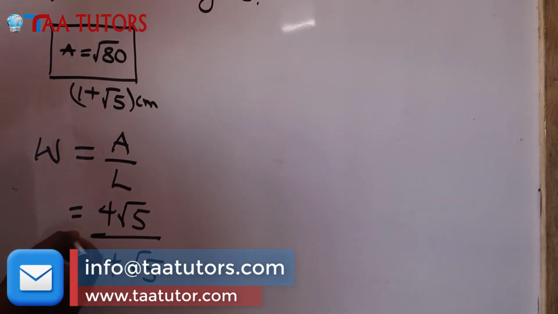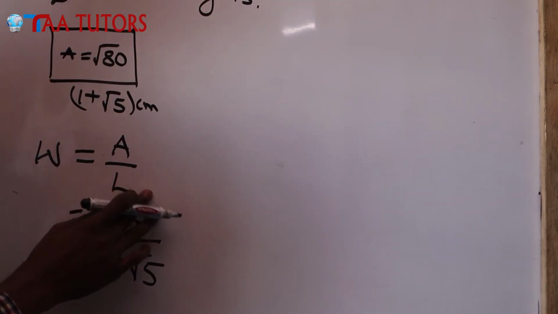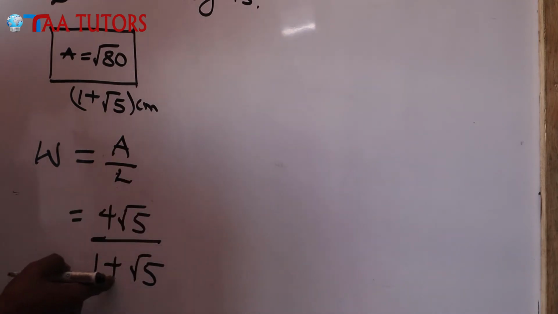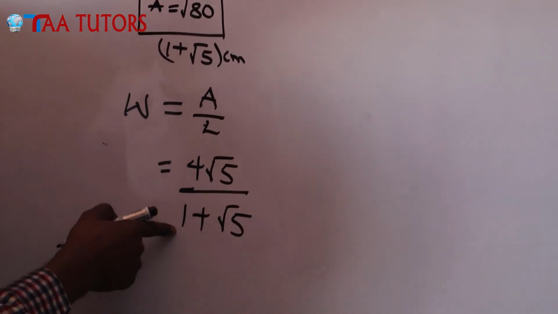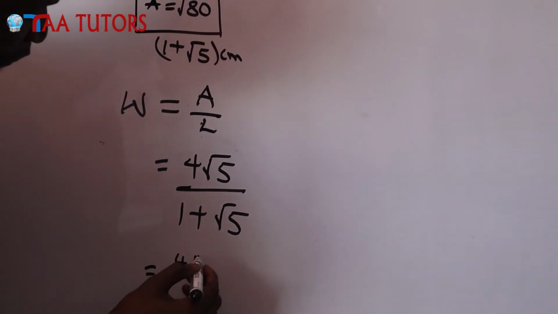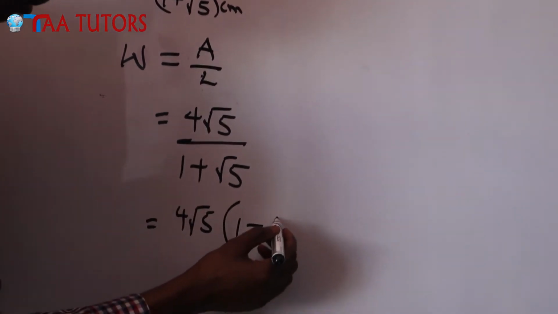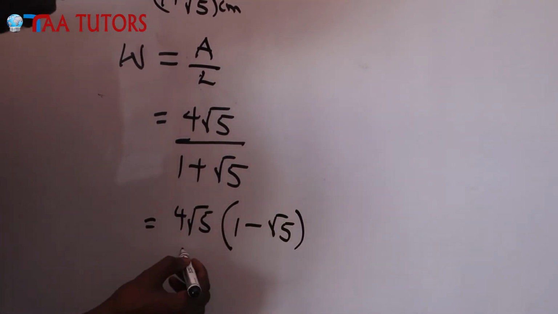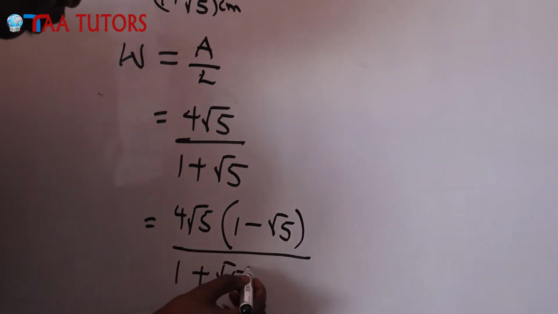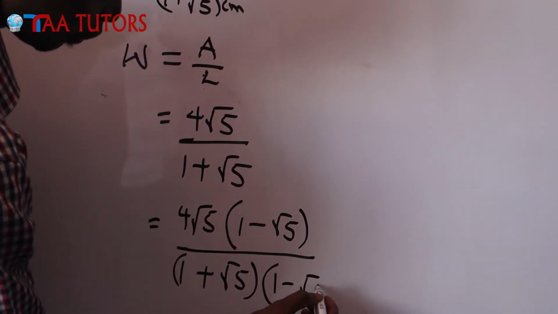So viewers, if you have this one, some students will say surd 5 and surd 5 cancel. That's not correct, because we need to first of all rationalize. If you cancel surd 5, where do you leave 1? So we need to rationalize by first of all saying 4 surd 5 times the conjugate, which is 1 minus surd 5, divided by 1 plus surd 5 times the conjugate, which is 1 minus surd 5.